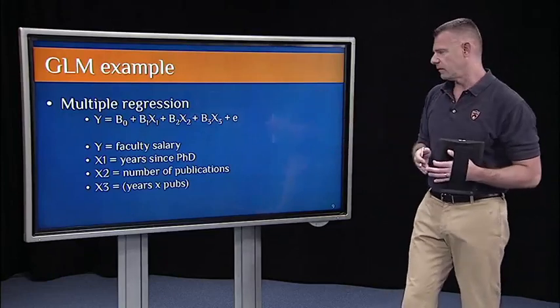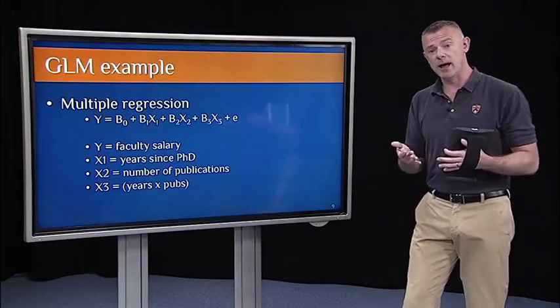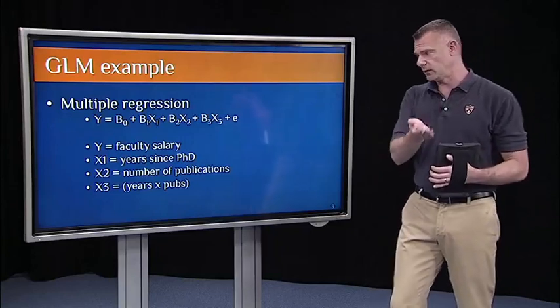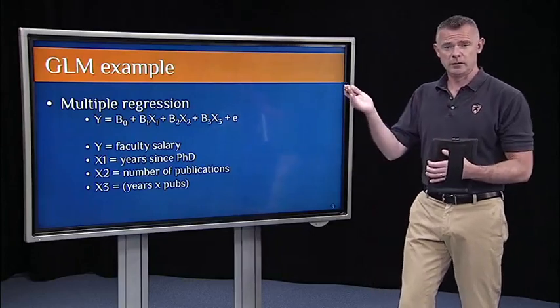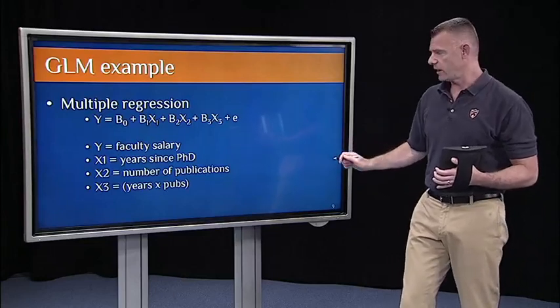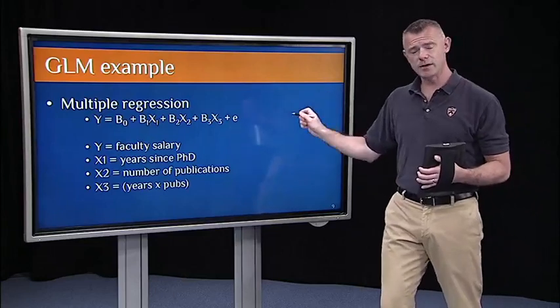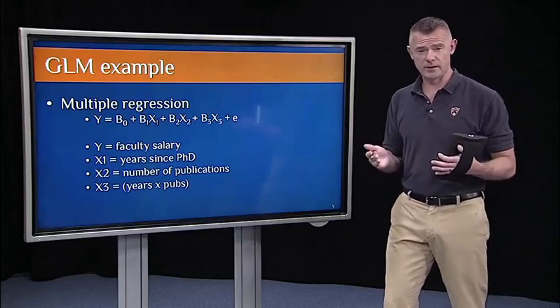And you might think that's the case. So perhaps number of publications matters a lot more for determining salary earlier in your career rather than later. So there might be an interaction or moderation effect. If that were the case, then that predictor X3 would be a significant predictor of the outcome measure, faculty salary.